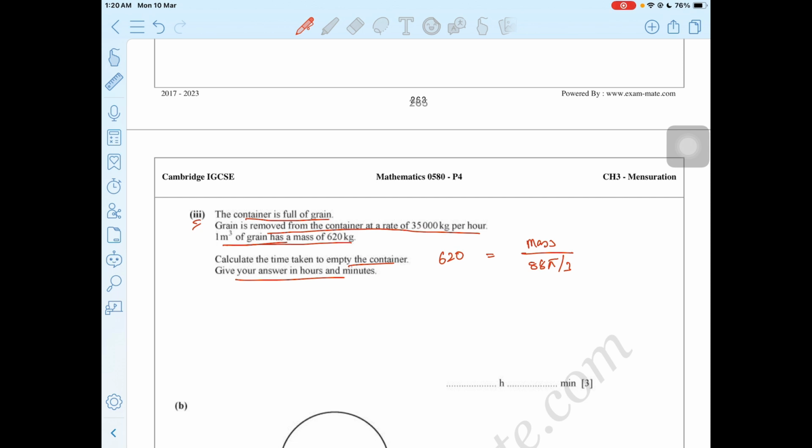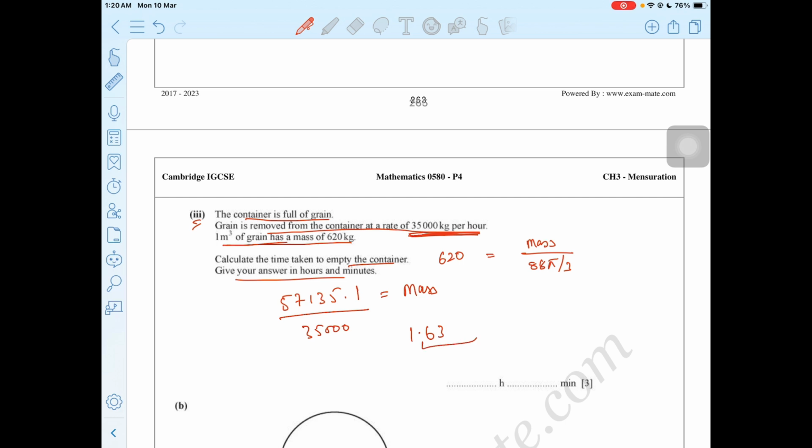So this would be 57,135.09. We just take it as 1, right? So we have this mass total, right? And then it empties 35,000 kgs per hour, right? So let's calculate how many hours it will take. This would be divided by 35,000, right? So we get our answer as 1.63.